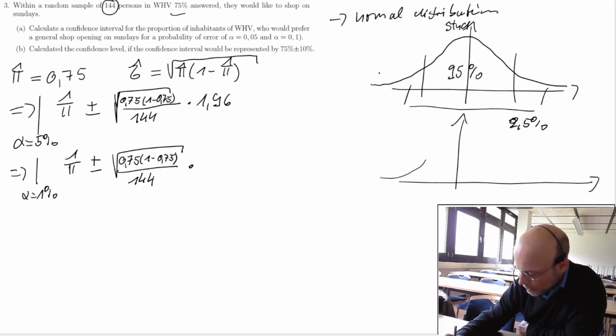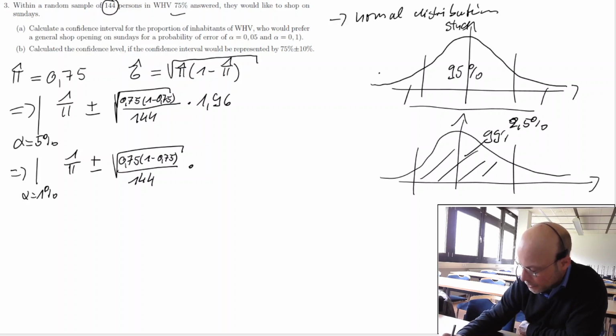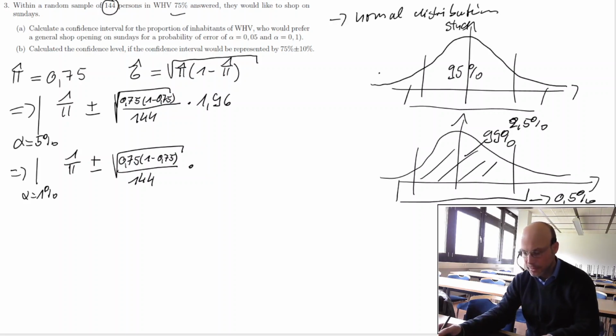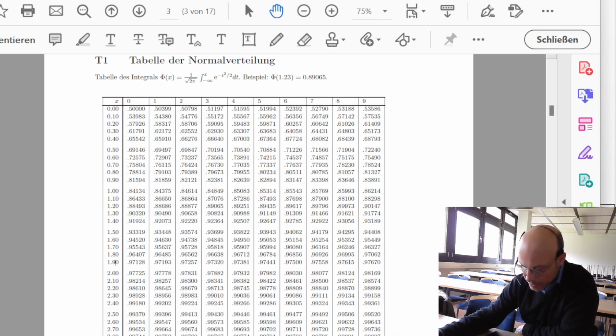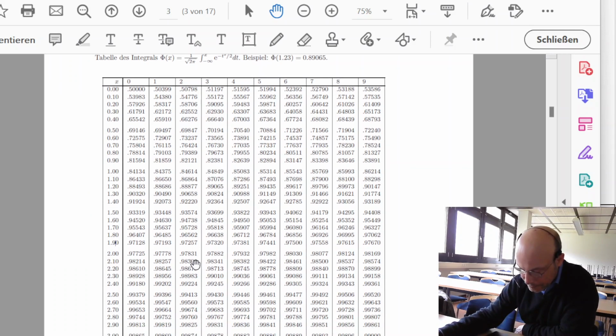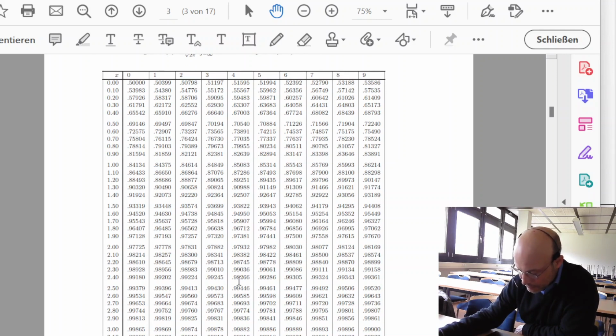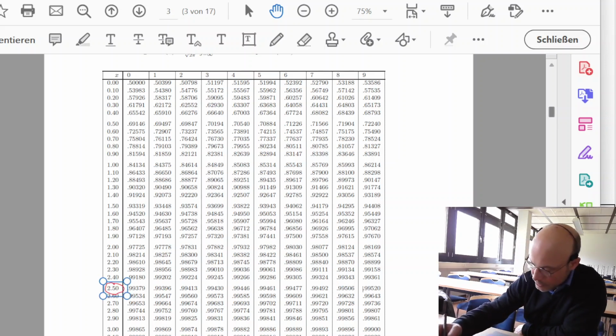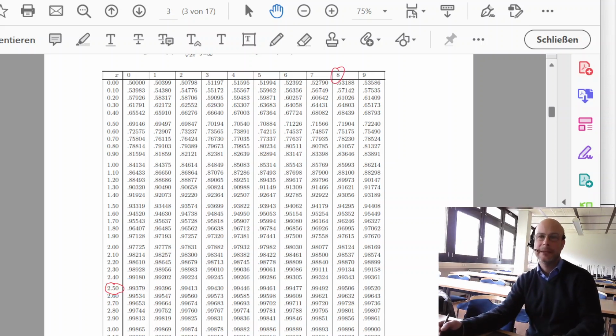And now we need the numbers where this area is 99%, so the tails are both 0.5%. So we need the number with 99.5, and then we are almost at this point, so 2.58.